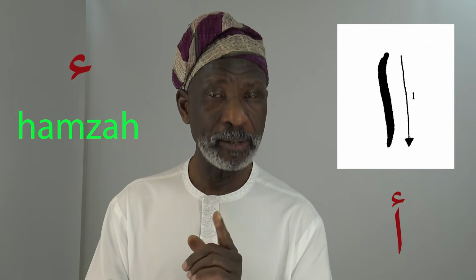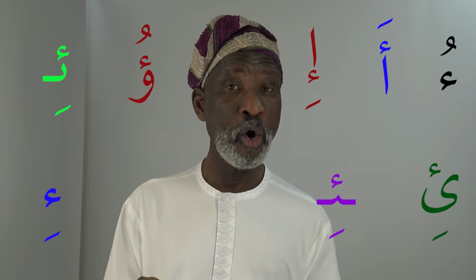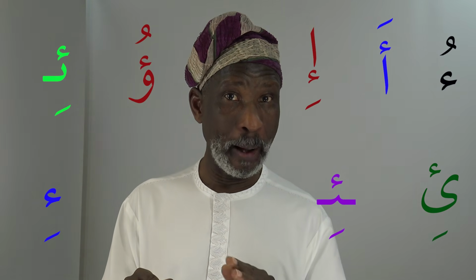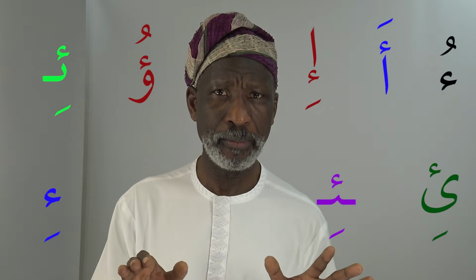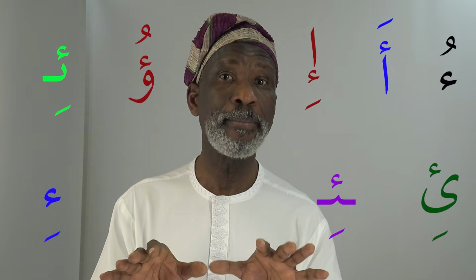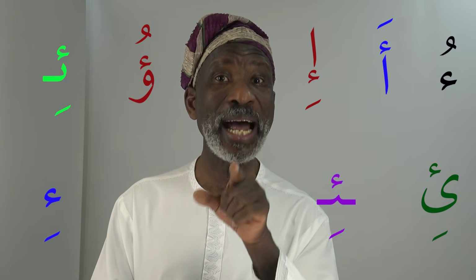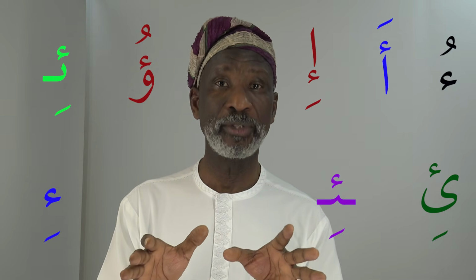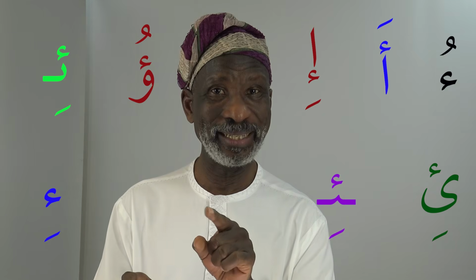When you see that anywhere, whether on its own, underneath the Alif, above the Alif, or above any letter for that matter, don't worry about the symbol. What you need to do is look at the vowel that it is carrying and just pronounce that vowel and you'll be fine. Later on, we're going to talk about the rules governing the Hamza. But for now, anytime you see it, just pronounce the vowel that it is carrying.